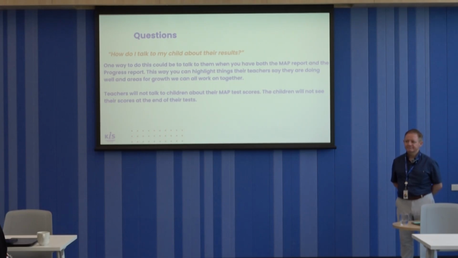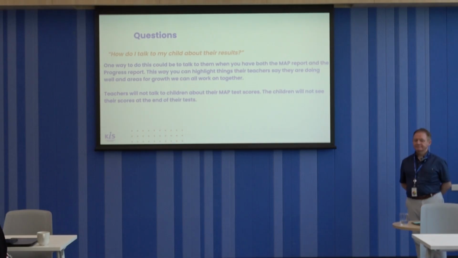The reason we don't show the kids the number is because it doesn't mean anything to them, right? It really is for us as adults to interpret that data and make sure we use it to inform the next steps. But the only thing we would share with the IB is that we use this standardized assessment as part of our suite of assessments that we use to support student learning.